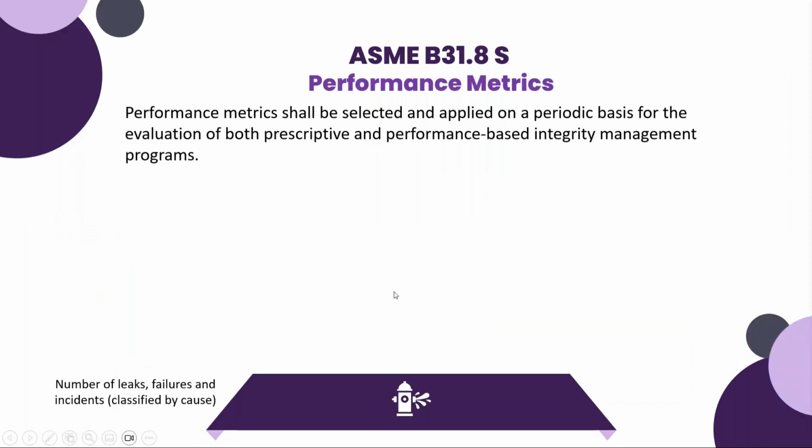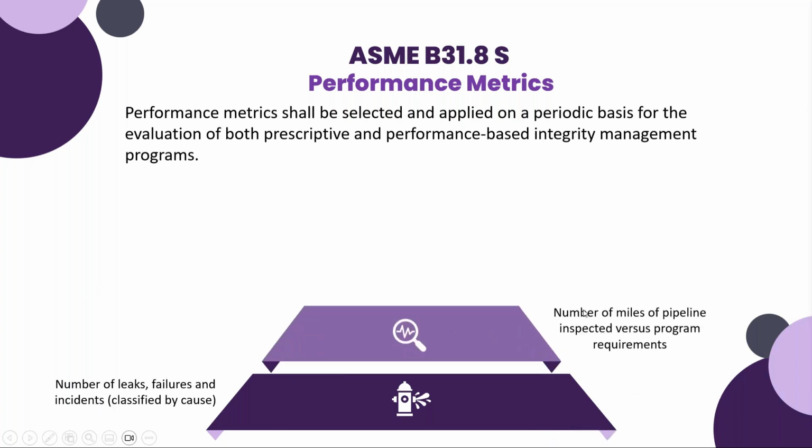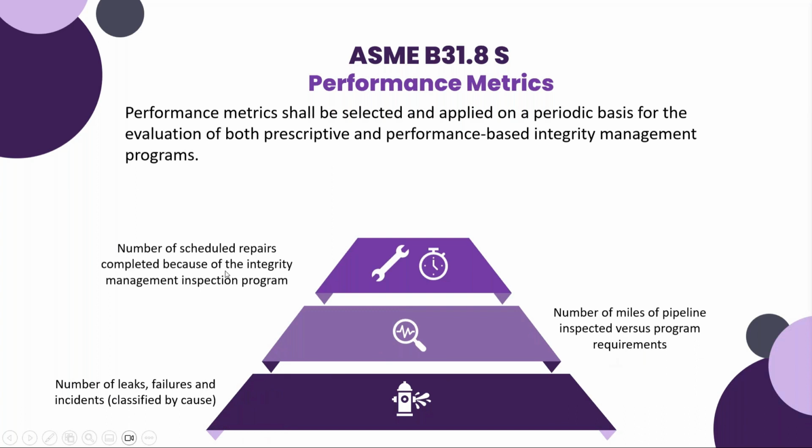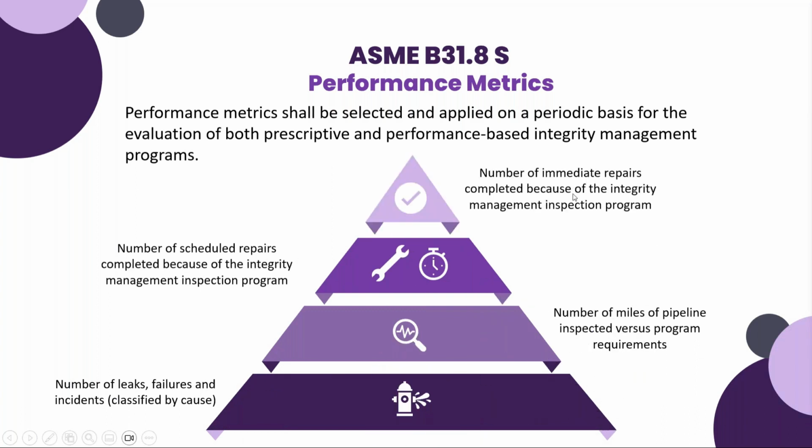Then performance measures, metrics: how many leaks have we had, incidents, number of miles of pipeline inspected versus program requirements, number of scheduled repairs, and of course the number of immediate repairs. This is all part of the program.